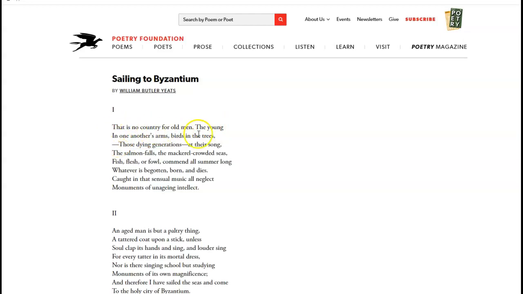Well, that doesn't really make sense, because that's not what the poet meant. There's an element, you don't really have to know this, called enjambment. It's a poetic device, and it means the line ends here, but the thought actually goes down to the next line.